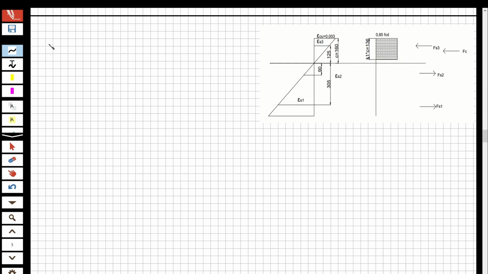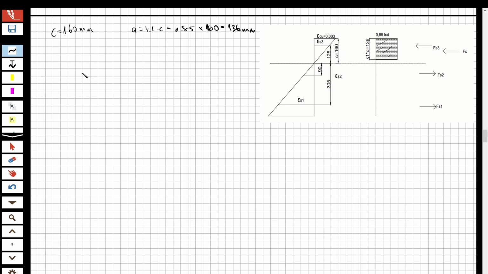So now I am going to assume the last assumption, the neutral axis equal to 160 millimeter, and due to this neutral axis, a is equal to K1 multiplied by c, 0.85 multiplied by 160, which is equal to 136 millimeter.